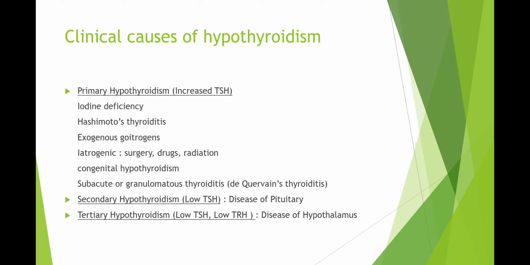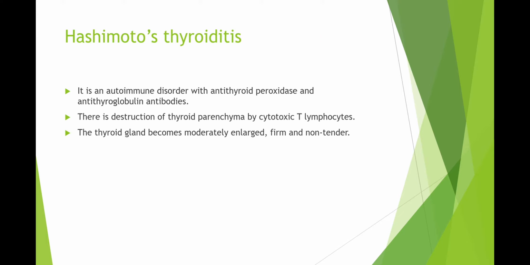Subacute or granulomatous thyroiditis, also known as de Quervain's thyroiditis. Cause for secondary hypothyroidism, which has low TSH, is disease of the pituitary. The tertiary hypothyroidism, which has low TSH as well as low TRH, is the disease of the hypothalamus.